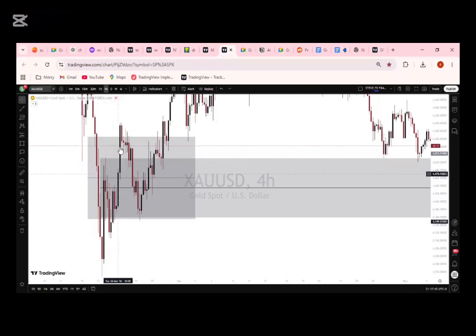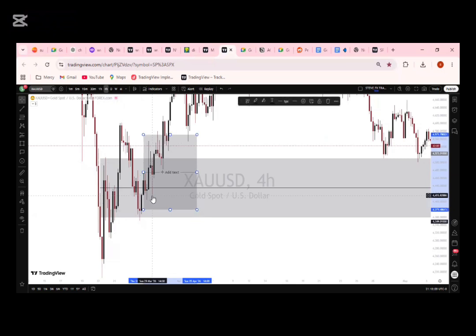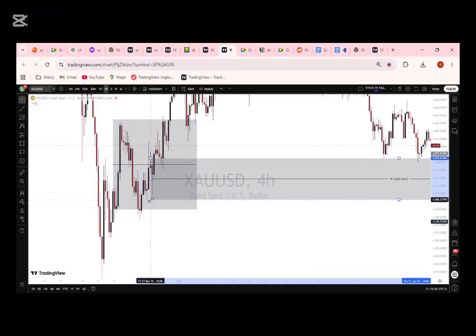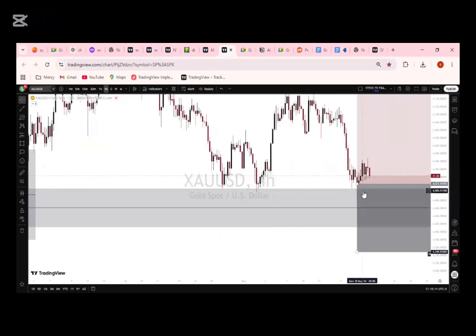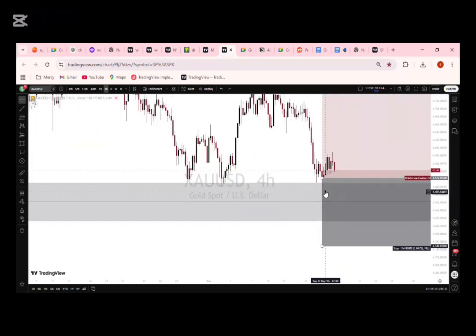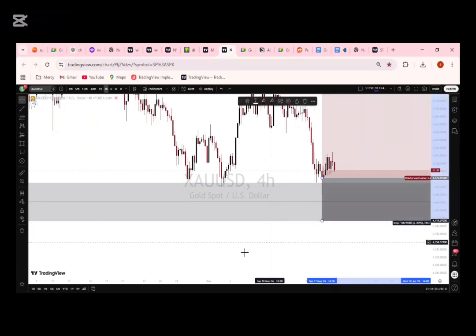When you switch from the higher time frame to the lower time frame, you are going to see that it's either a swing or some kind of range. So we look for a valid order block within that range from the higher time frame. For instance, over here we can identify another block like this. Now when you check over here, you can see that the market triggered exactly that zone.